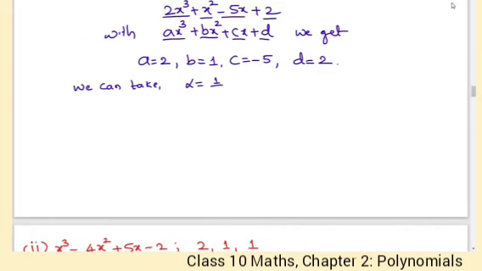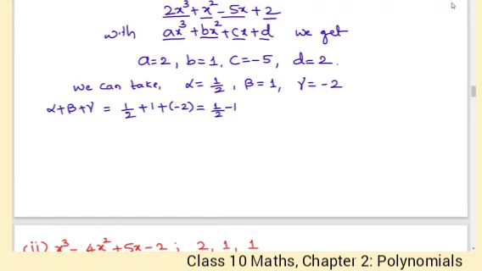We can take here alpha 1 by 2, beta 1, gamma as minus 2. Alpha plus beta plus gamma is equal to, now add all these terms, you will get 1 by 2 minus 1, that is minus 1 by 2, that is equal to minus b by a.